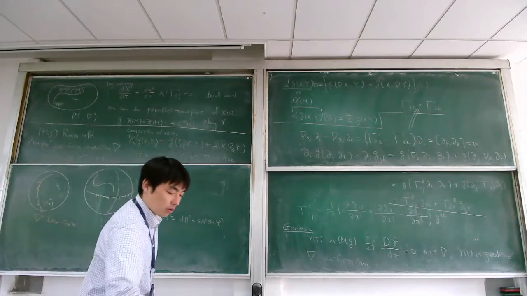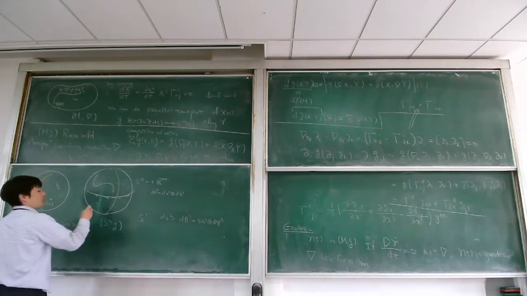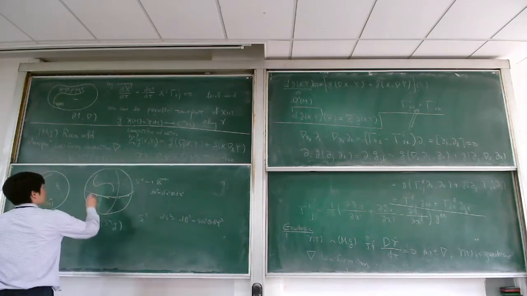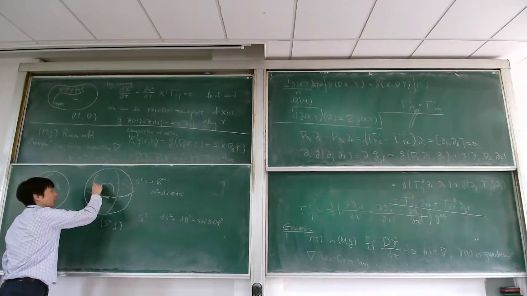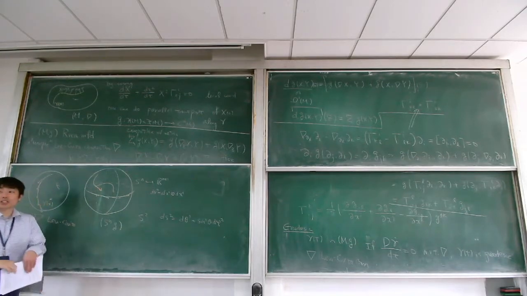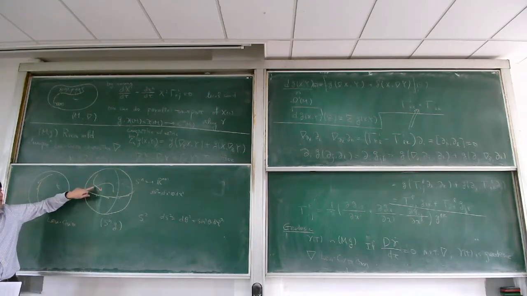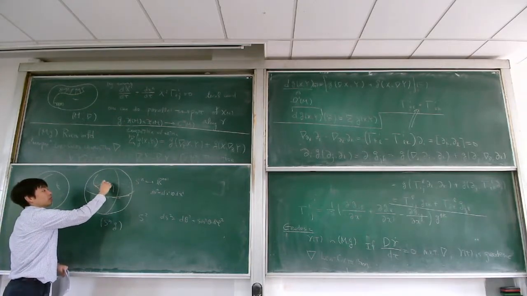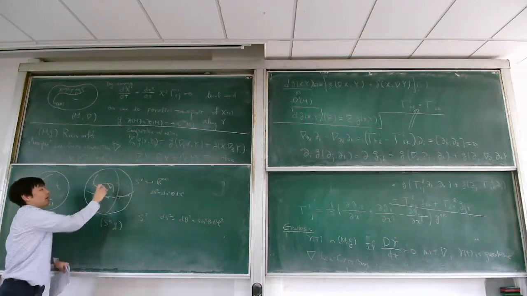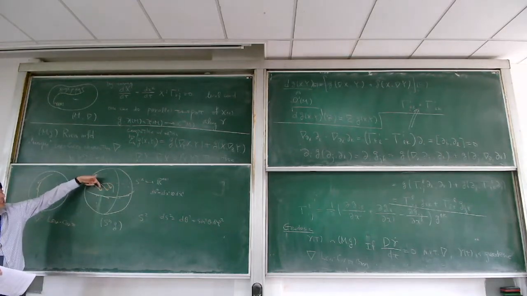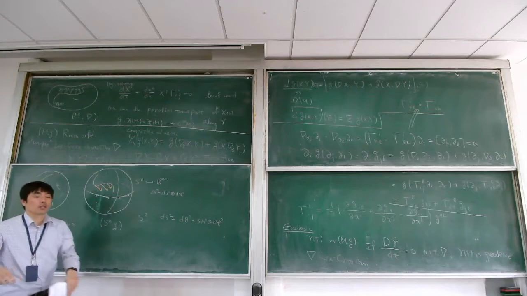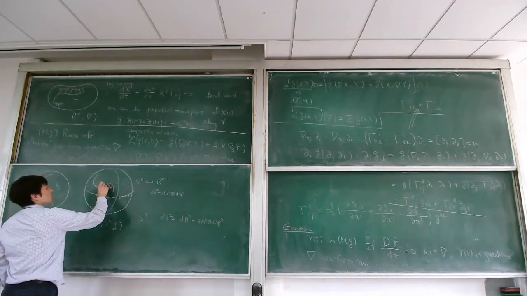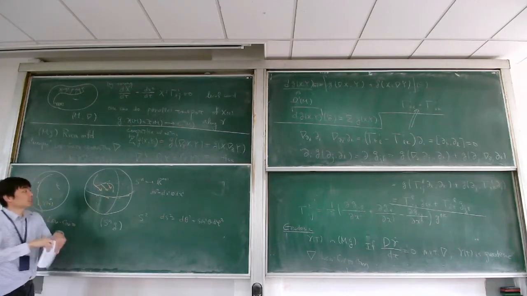then for parallel transport, even if you start with some tangent vector at this point, tangent to this curve, if you do the parallel transport along this curve, this vector is no longer tangent to the curve.